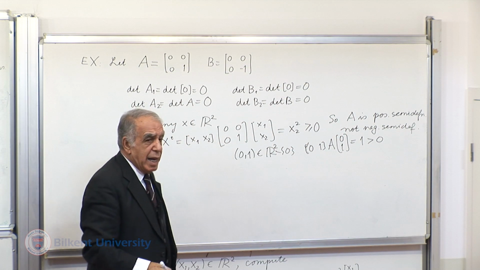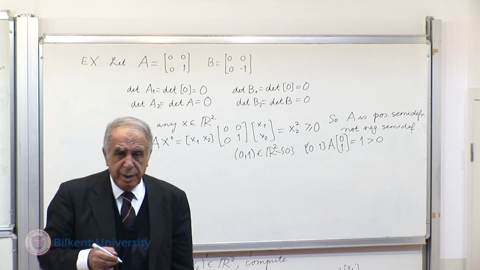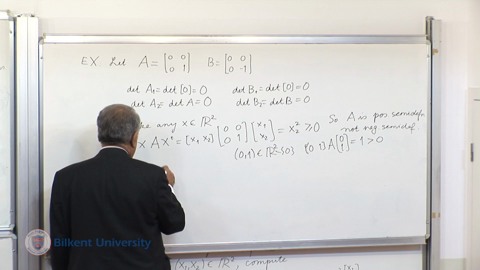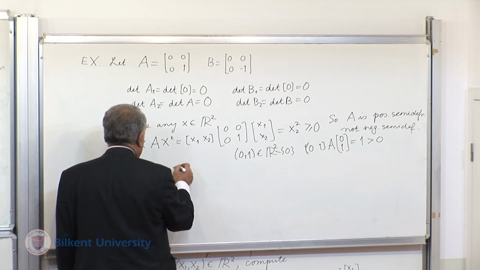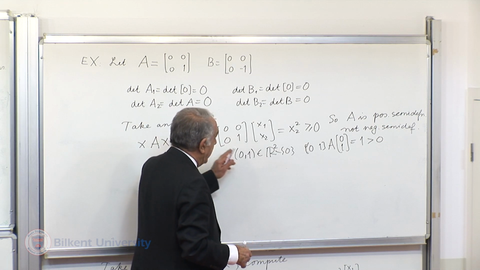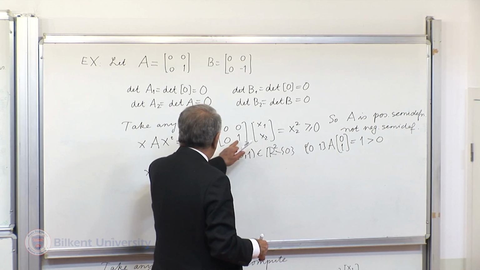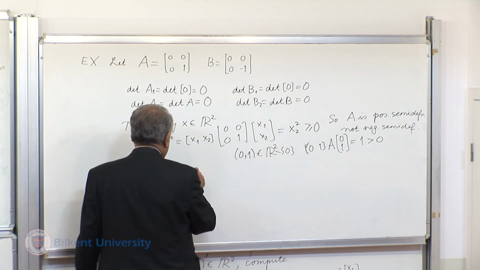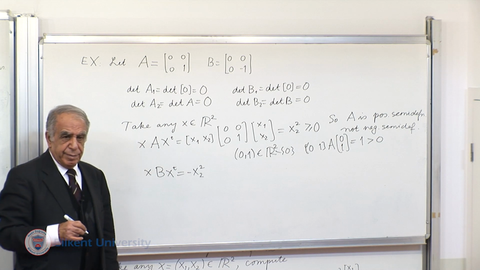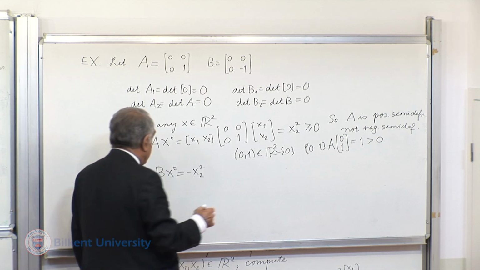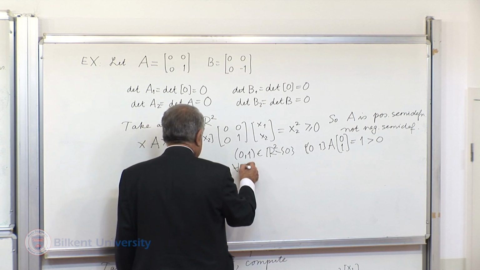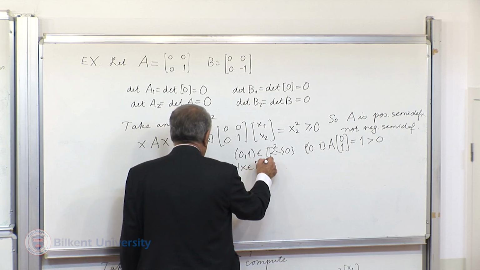Let's go through the same exercise for B. Quickly, x B x transpose. If you go through this, here you will have minus 1, so this will be equal to minus x2 squared. But this will be less than or equal to 0 for all x in R2.